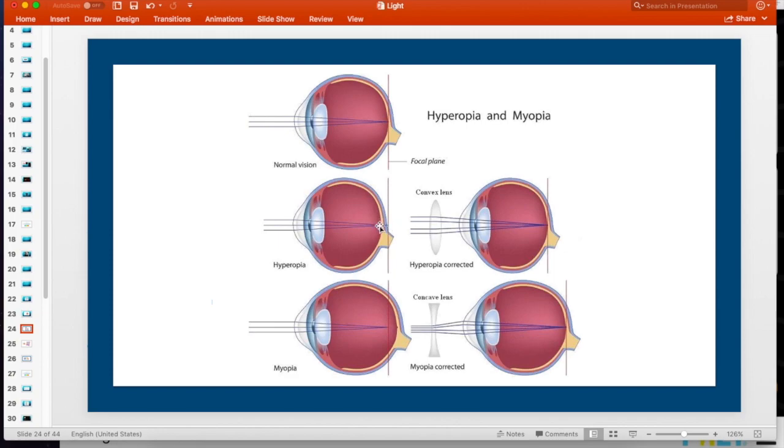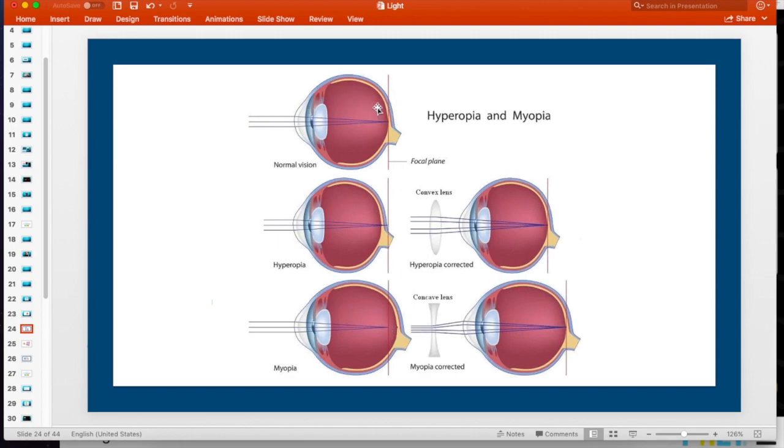So you're going to receive a blurry image. Same thing with myopia. The eye is too long. So the image is going to get focused here in front of the retina. So by the time it reaches the retina, the image is going to be blurry.